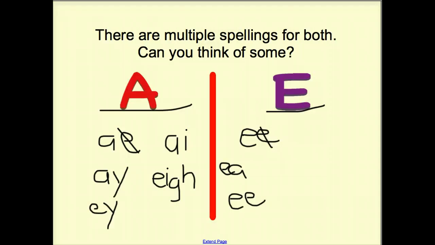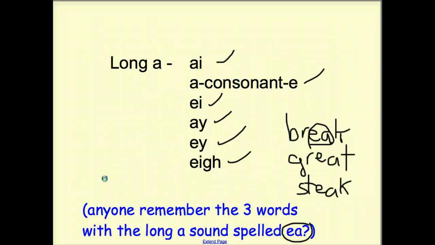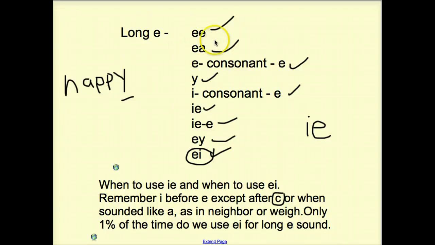If they're long E words, they may be spelled double E, EA, E consonant silent E, a Y, an I consonant silent E, an IE, an EY, or an EI.